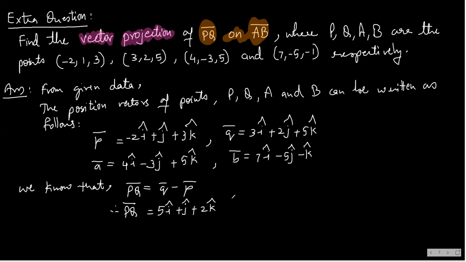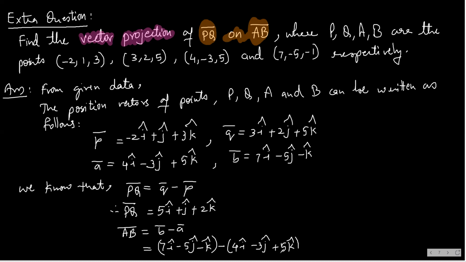Then the next one is AB bar. AB bar is B bar minus A bar. B bar is 7i cap minus 5j cap minus k cap, and A bar is 4i cap minus 3j cap plus 5k cap.